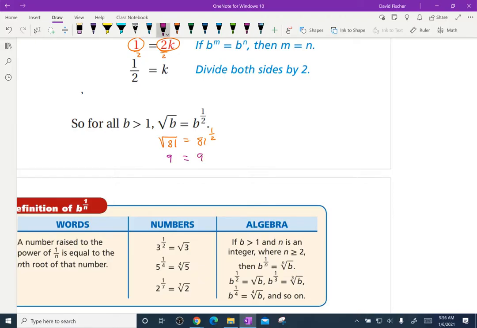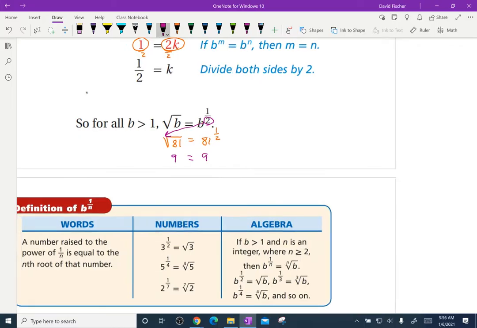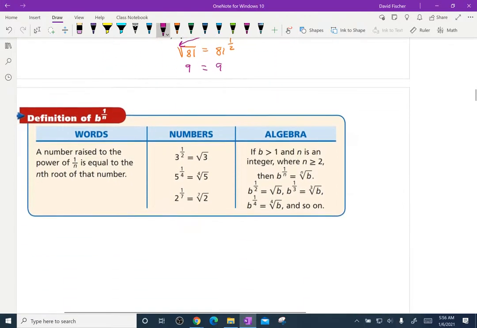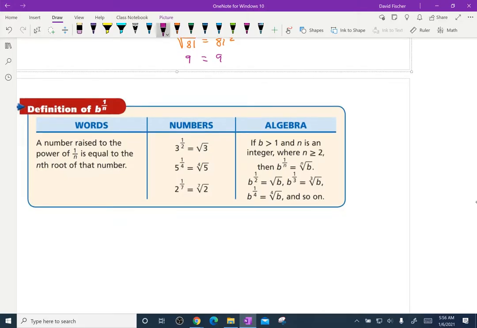So I'm seeing a pattern here: whatever this little denominator is, that is my root. Okay, now that's going to be important because things are going to change a little bit. If I say 3 to the half power here, this is really also my root.